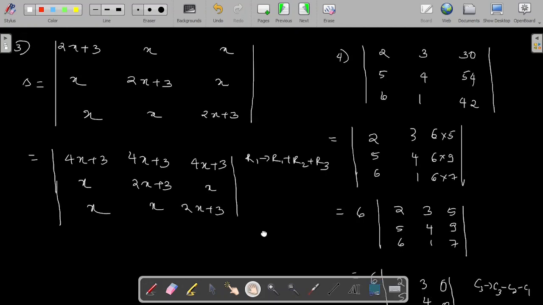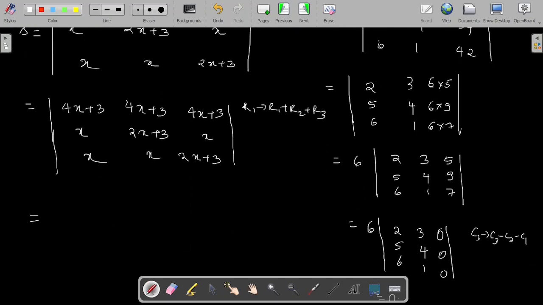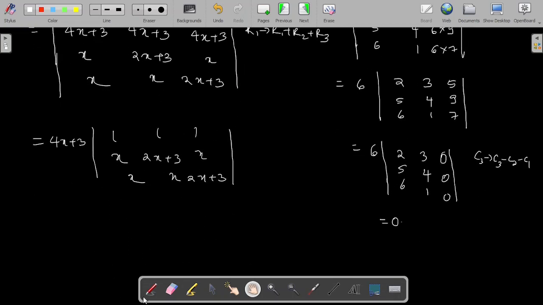Now there is 4x plus 3 common in the first row, you can take it outside. Then we will get 1 1 1, x, 2x plus 3, x, x, x, 2x plus 3. Now you can either directly evaluate or else you can use the sixth property, so that you can make all these entries below 1 all 0.